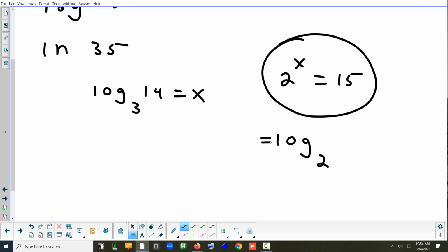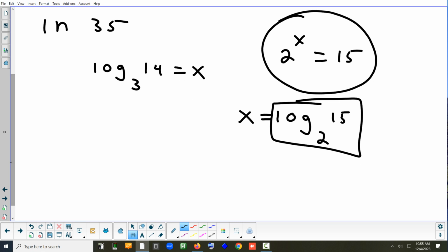The exponent. And the thing that was by itself, what do we call that? Argument. That's the argument. So if you can figure out how to type that in on the calculator, then we can figure out the answer to 2 to what power equals 15, right? And that's what I'm going to show you how to type in.